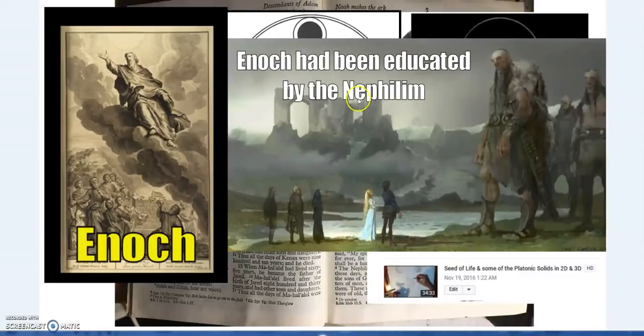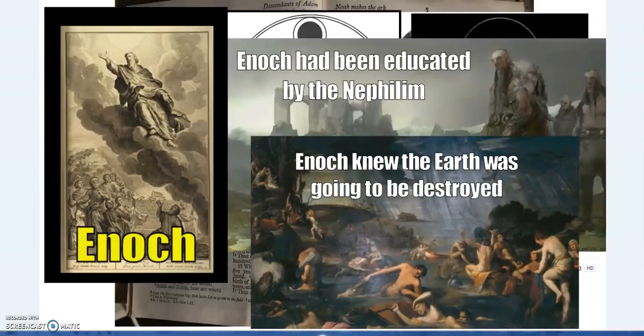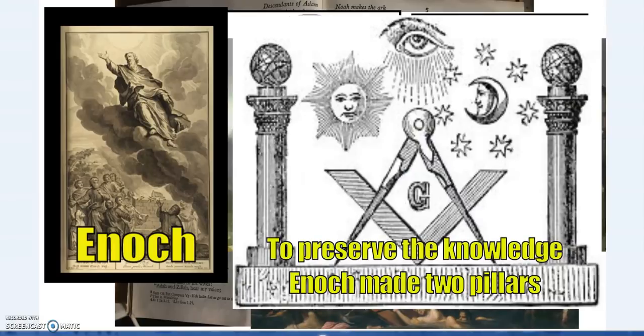So Enoch was educated by the Nephilim. He learnt the secrets of science, of knowledge, the Hermetic wisdom, the wisdom of Thoth, for instance, and he knew that the flood was coming. So he knew the earth was going to be destroyed by water and fire. And to preserve this knowledge, he made 2 pillars to survive the flood.